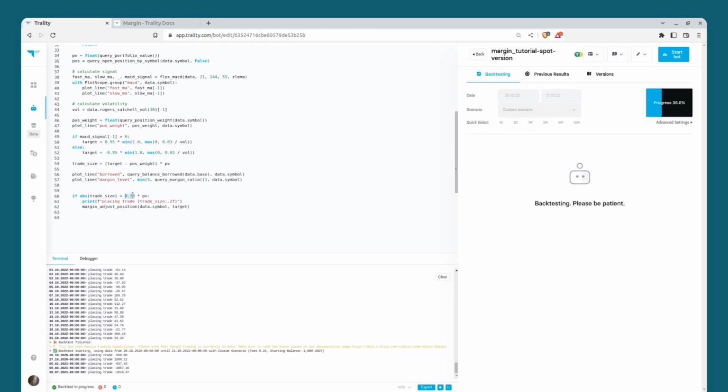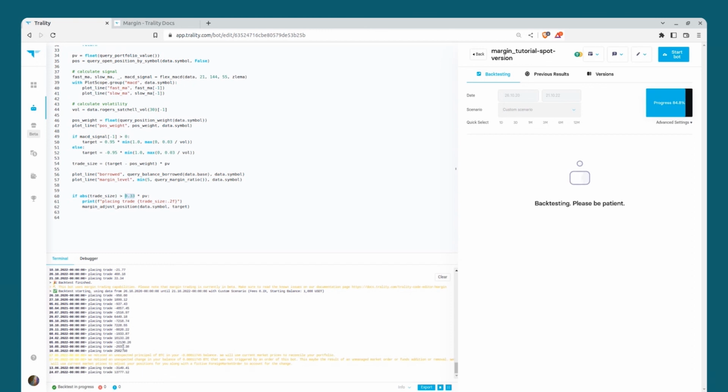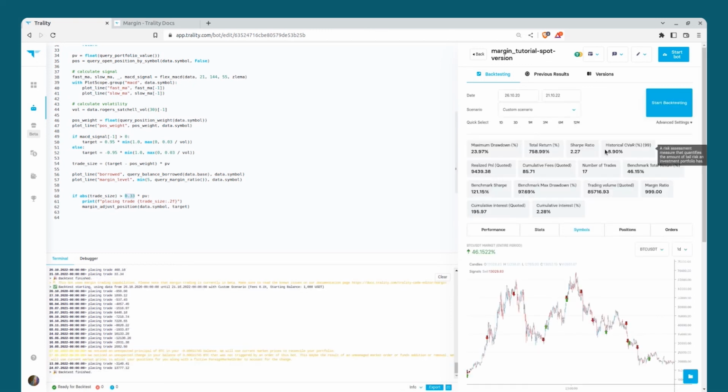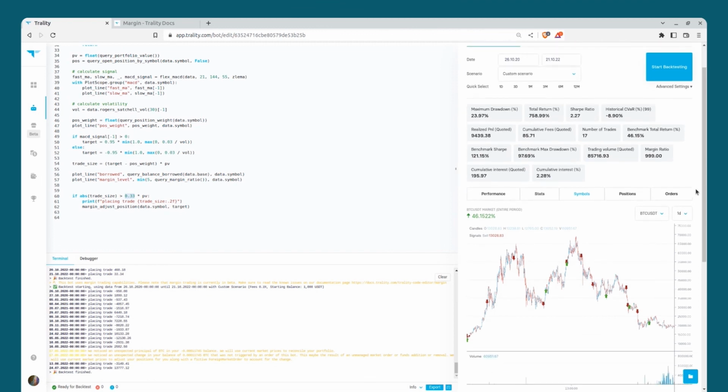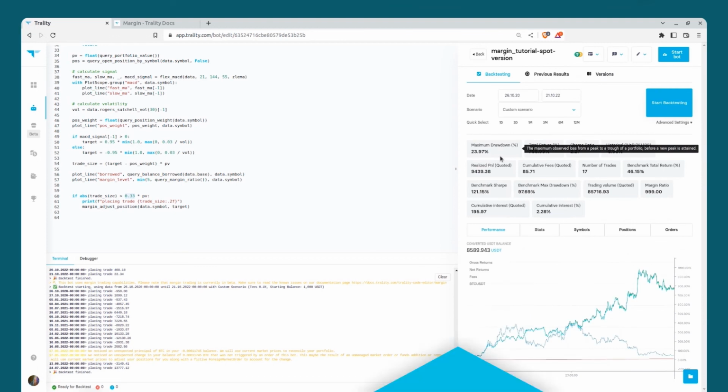That avoids doing lots and lots of small trades that are just trying to change the portfolio value by a small amount. You'll notice that all of the small trades are now gone, and it does many fewer trades. The Sharpe ratio has increased, and the total return has also.